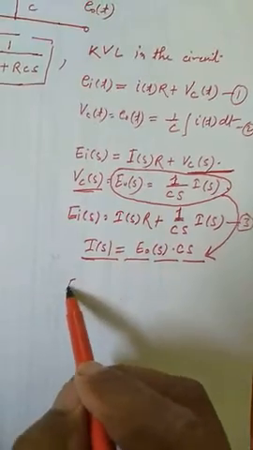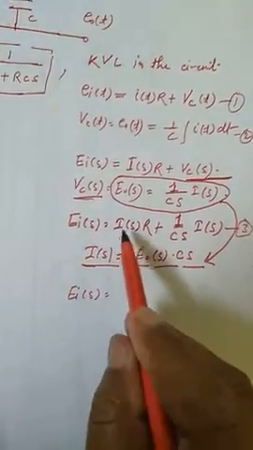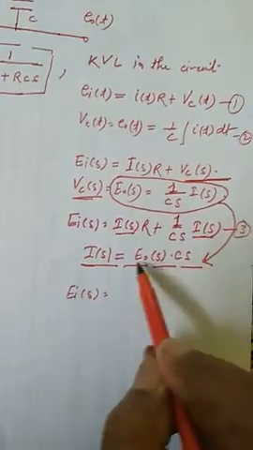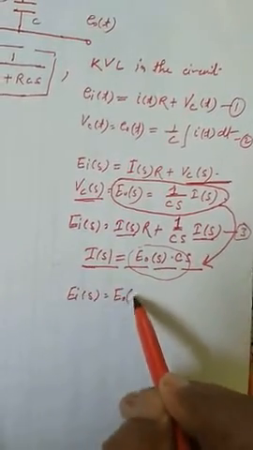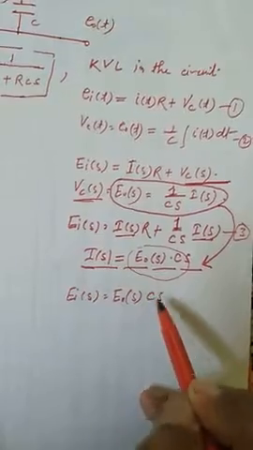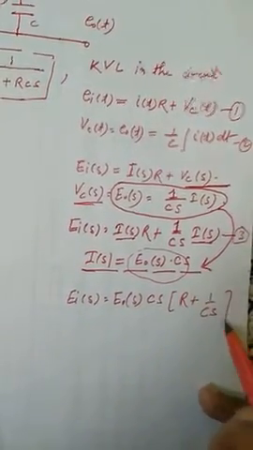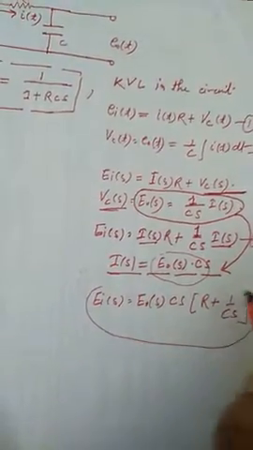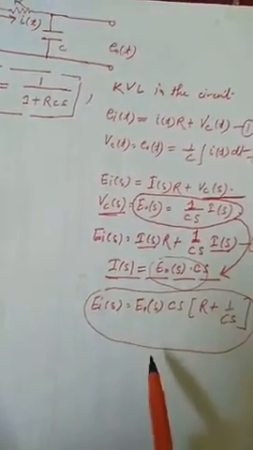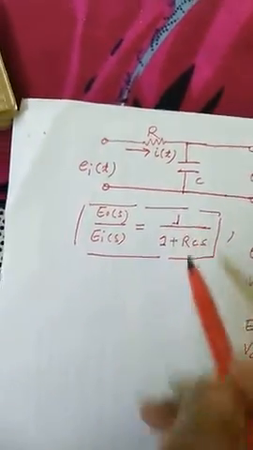So finally, taking I(s) common, and the value of I(s) is this quantity, E0(s) Cs, times R plus 1 by Cs. When we solve this equation, we have this transfer function, that is a ratio of these two.